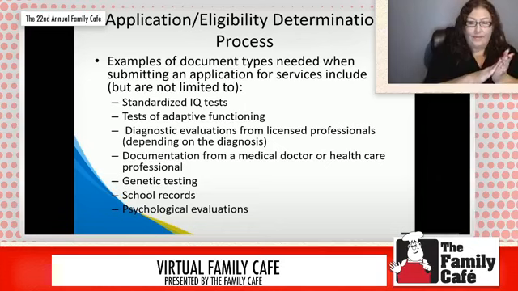Documentation of a developmental disability may include, but is not limited to, standardized IQ tests, such as the Stanford-Binet Intelligence Test or the Wechsler Preschool and Primary Scales of Intelligence, tests of adaptive functioning, such as the Vineland Adaptive Behavior Scales or the Adaptive Behavior Assessment System, also known as the ABAS, diagnostic evaluation from licensed professionals, documentation from a medical doctor or healthcare professional, genetic testing, school records, or psychological evaluations.